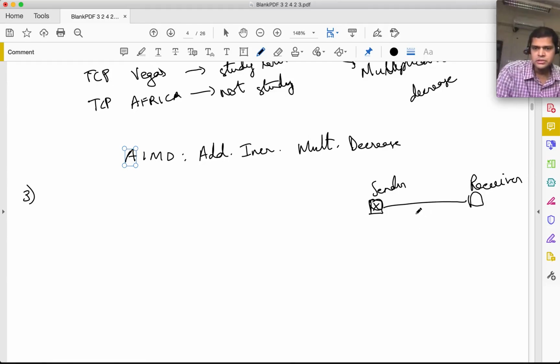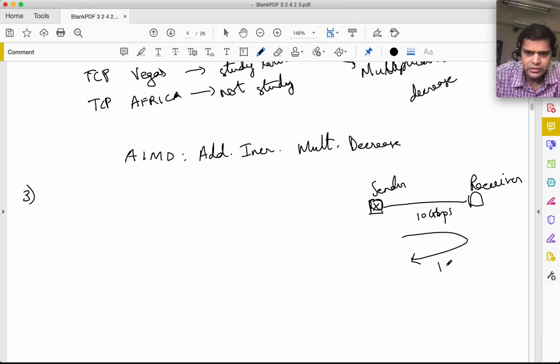And so suppose this is 10 gigabit per second, and the round trip time, let's take an example, let's say 1 second.